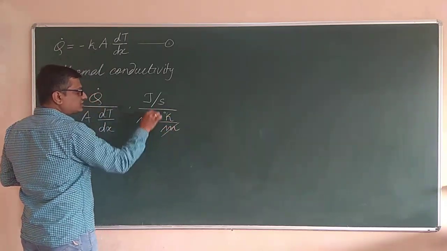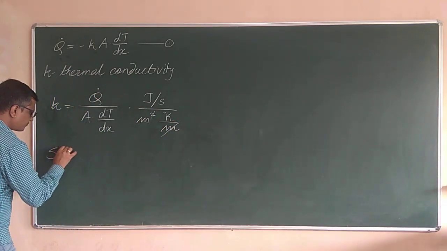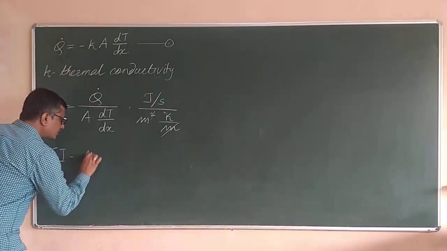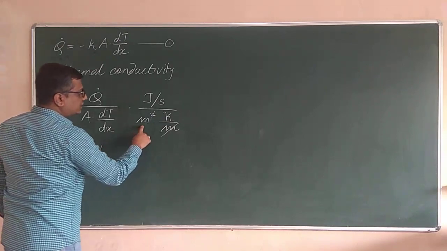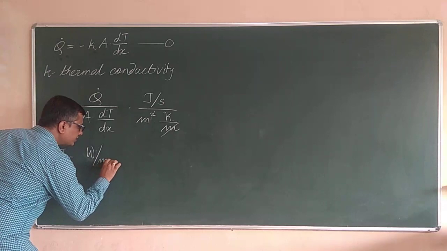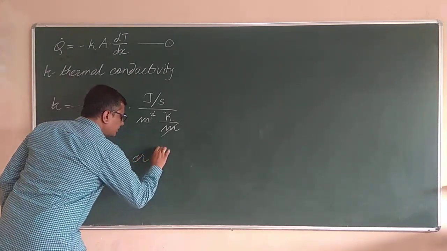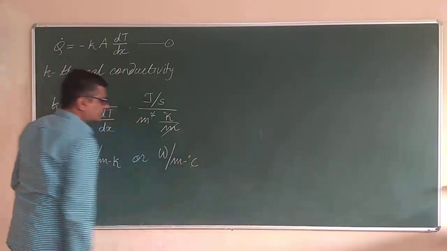Meter will get cancelled, and joule per second will be watt. So the SI unit of thermal conductivity is watt per meter per Kelvin, or it can also be written as watt per meter per degree Celsius, right?